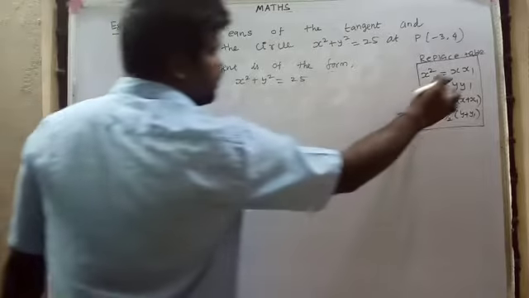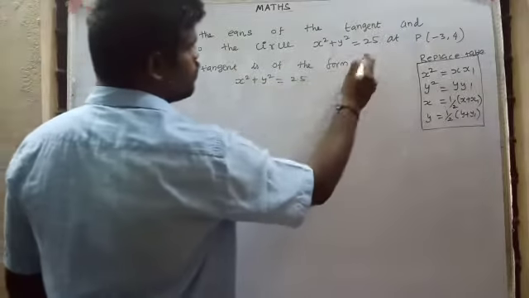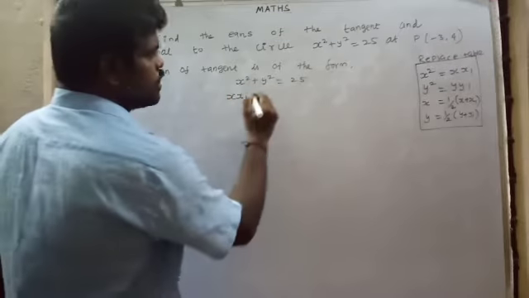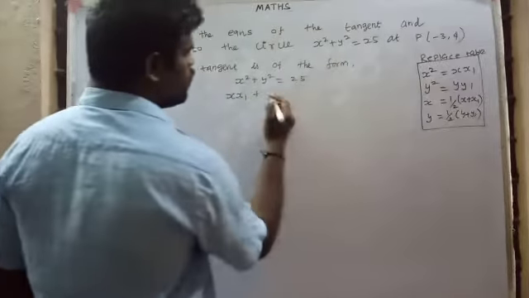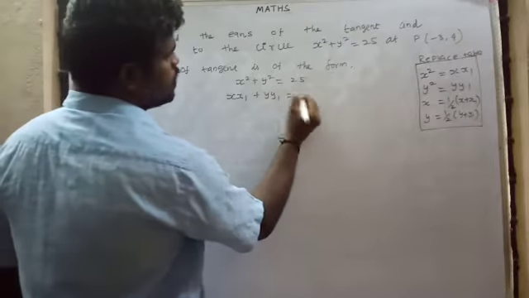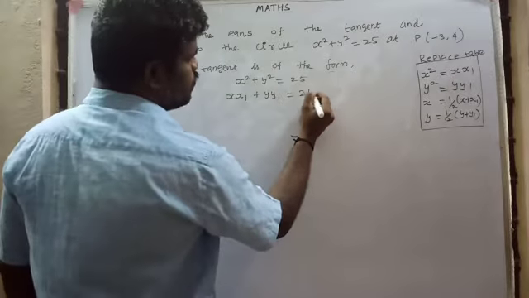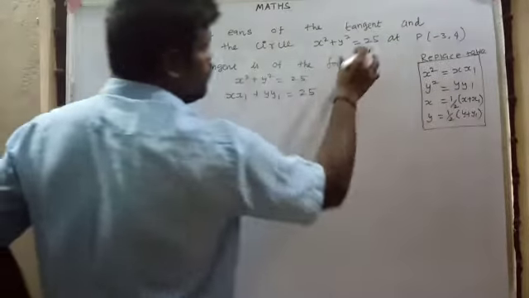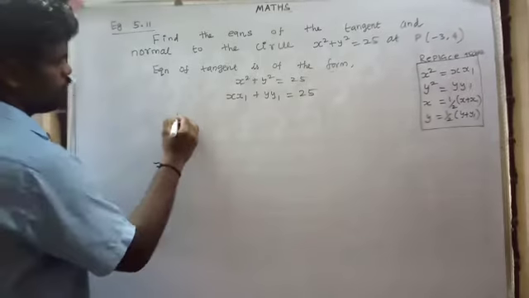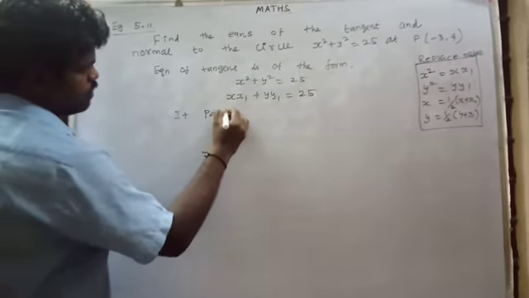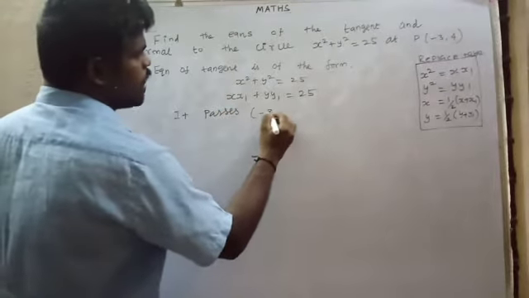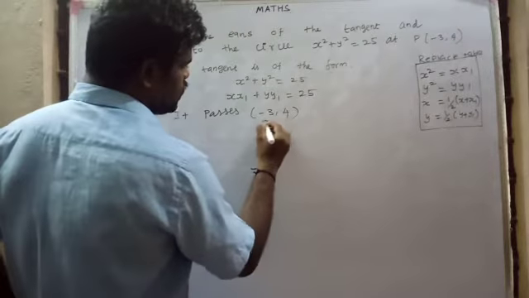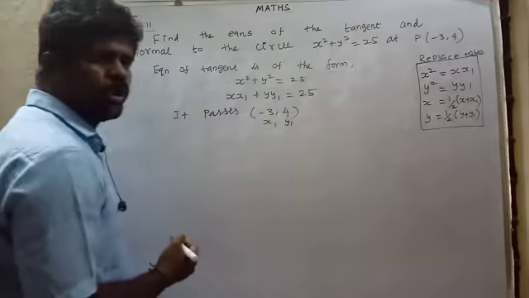Here we have to write, replace x squared by x x1 plus y squared replaced by y y1 is equal to 25. Okay, right. Now it passes through the point P, it passes minus 3 comma 4. This must be x1 comma y1.